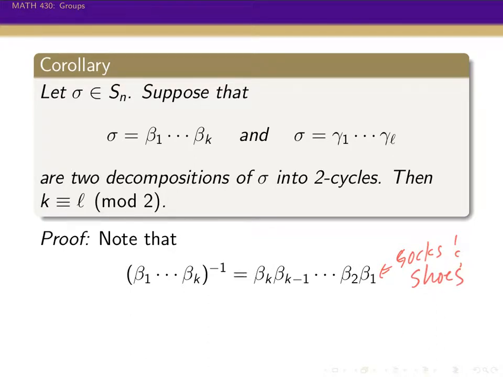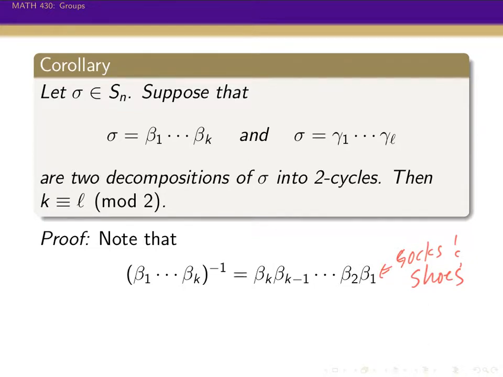Each 2 cycle is its own inverse. And so if we're inverting a product of them, socks and shoes says the inverse of a product is going to be the inverses of the things in the product in opposite order, but everything is its own inverse, and so it's just the 2 cycles in opposite order.